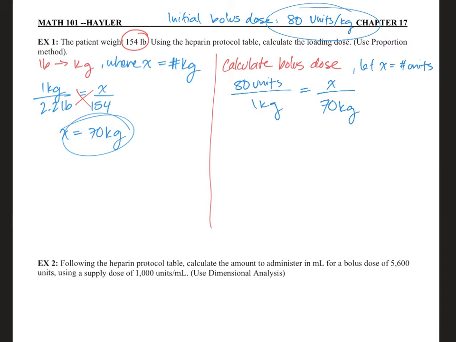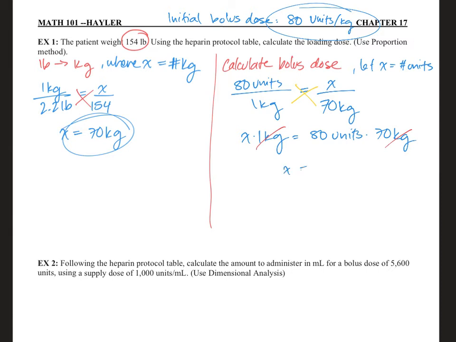Go ahead and cross multiply, and we'll get X times 1 kilogram equals 80 units times 70 kilograms. Canceling the kilogram units, and then we can multiply the 80 times the 70.